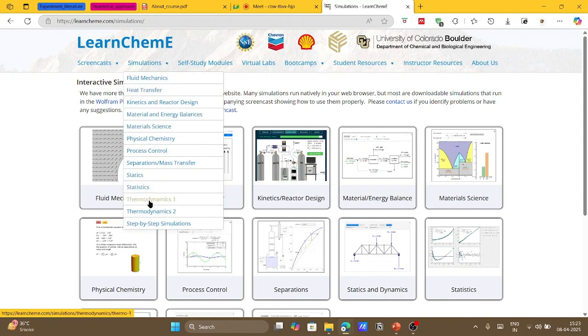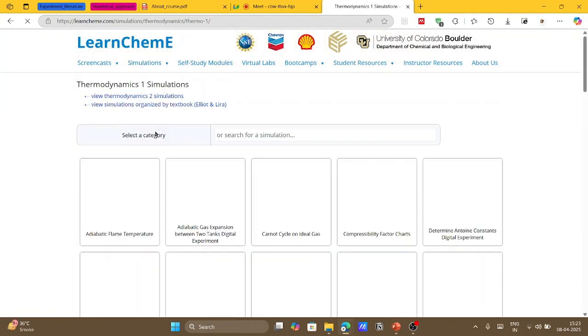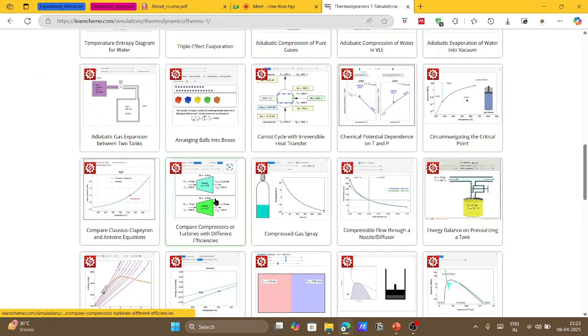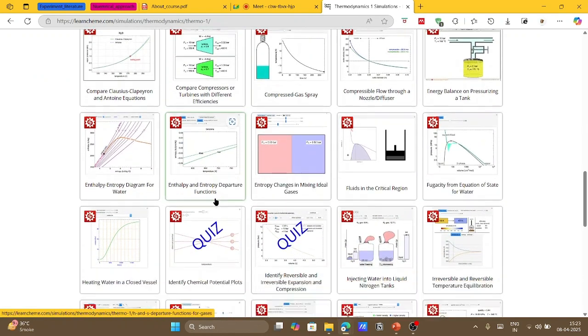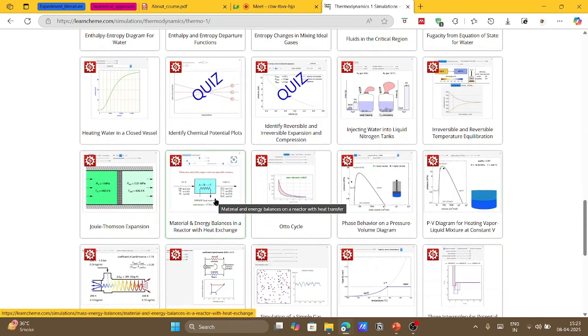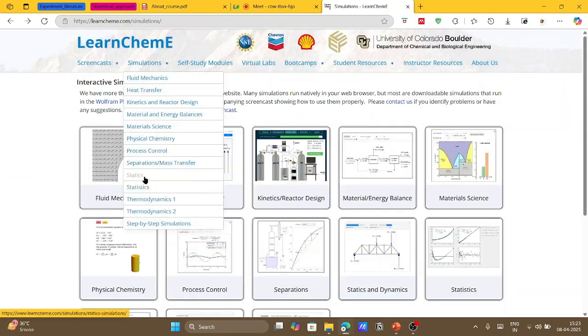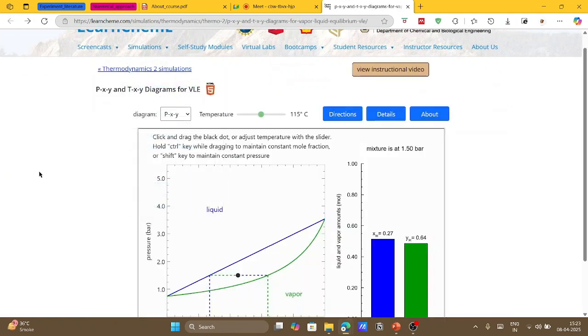You have simulators for thermodynamics as well as mass transfer and heat transfer. These are just basic illustrations, and some of them include simulations also. Anyway, you can check out other concepts from here also.